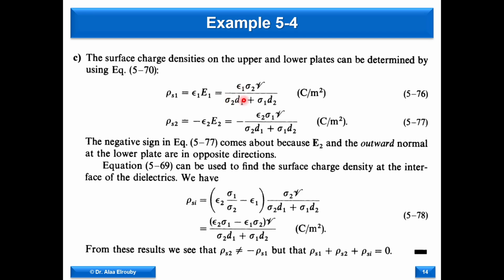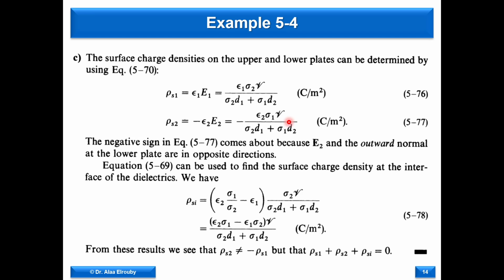E1 is given, so we can find rho S1. On the bottom side, the field is going into the conductor, so it has a negative charge, which equals epsilon 2 multiplied by E2 with a negative sign. E2 is known, so now the surface charge density is found.